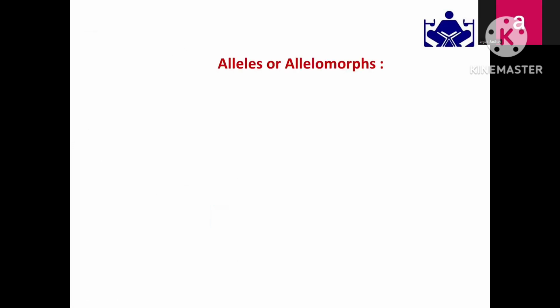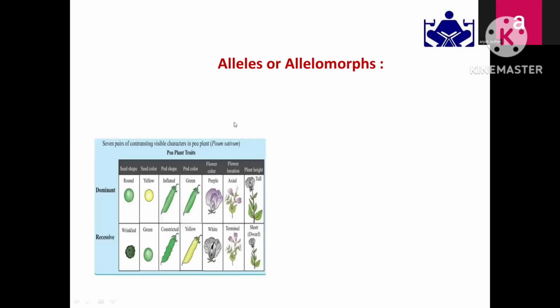Alleles or allelomorph. To study the term allele, we will see this chart. Pea plant showing 7 pairs of contrasting characters. Out of this, now we will see plant height, which can be tall or dwarf.